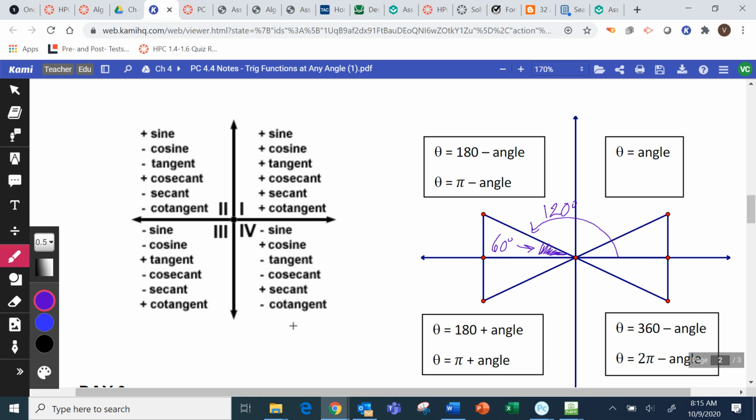I can like common sense kind of figure that out. I don't need a formula to tell me take 180 minus the angle to equal the reference angle. If you need that formula, you can memorize them. You will not get them on a quiz or a test, like you would just need to know them.